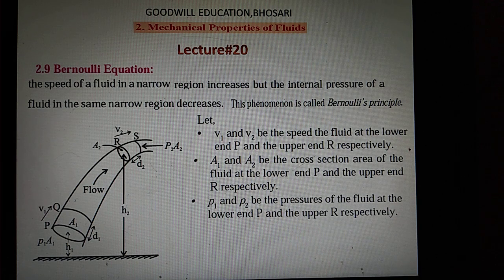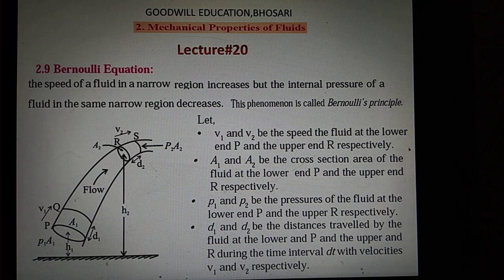P1 and P2 are the pressures of the fluid at the lower end P and the upper end R respectively. D1 and D2 are the distances moved by the fluid at the lower end P and the upper end R during the time interval dt with velocities v1 and v2, which I already explained to you.